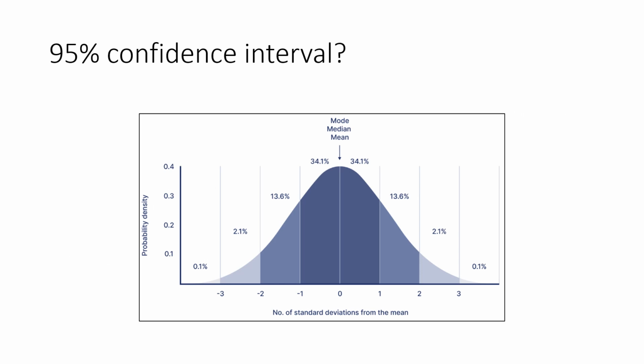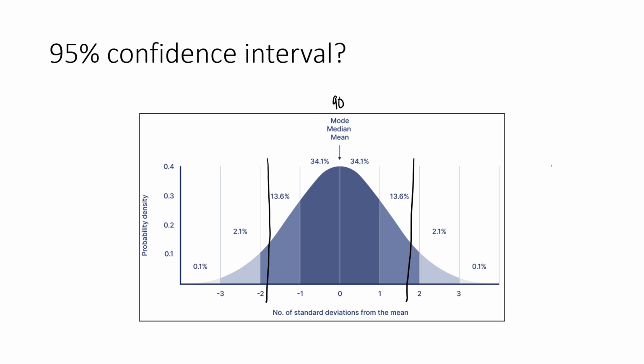So working with that drug B question again, let's say 90 was the median value. What we would calculate when we calculate a 95% confidence interval is the range in which 95% of the values would lie if we did the experiment multiple times.